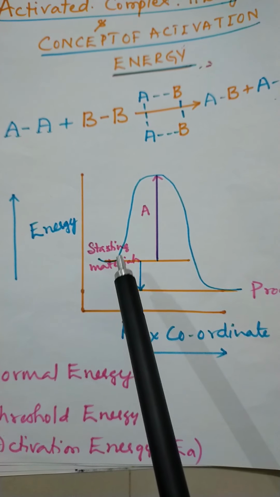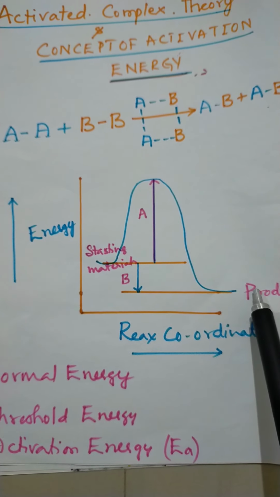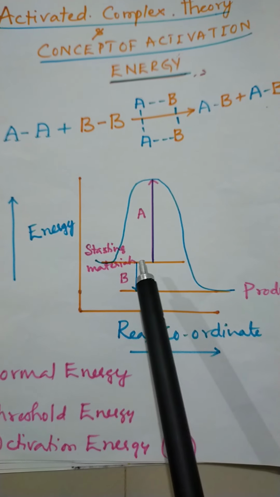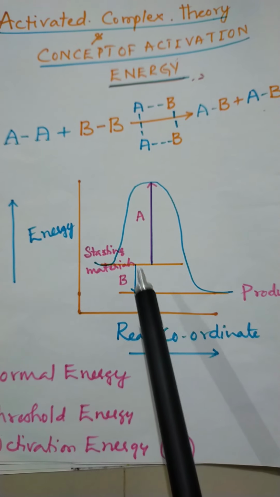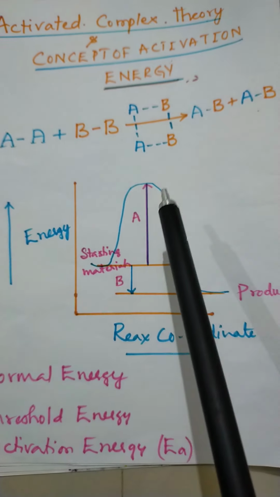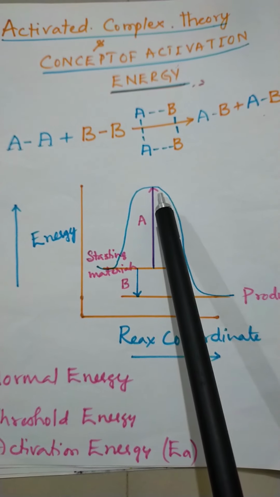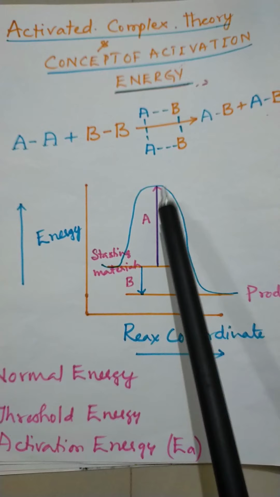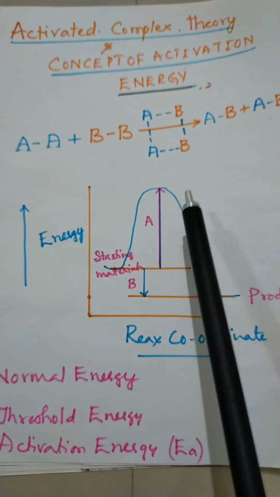Just observe the starting material and the products, and the gap between them, the lower one. The reaction starts from here to here. This is the activated complex, and we will learn these different aspects in another diagram.